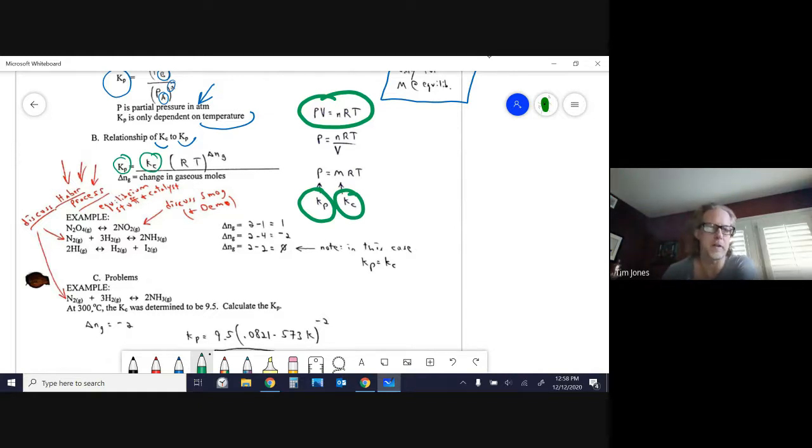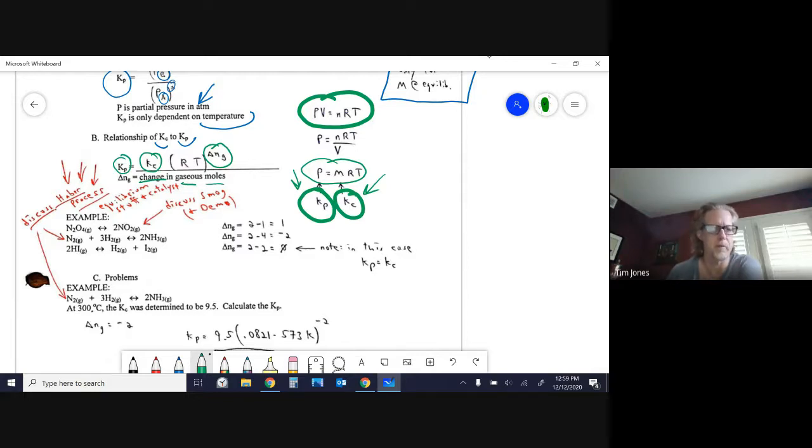So the Kp, the Kc, and the RT came right from replacing these items with these two items. And the delta Ng up here adjusts for how many moles of gas are in the reactants and products. As I mentioned here, it is the change in the gas moles. Now I mentioned some stuff in red here about the Haber process, which we've mentioned before.